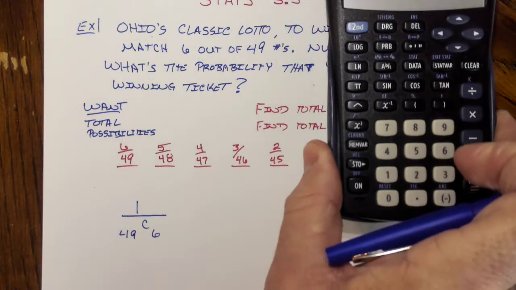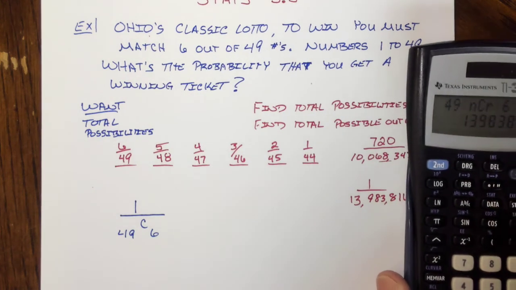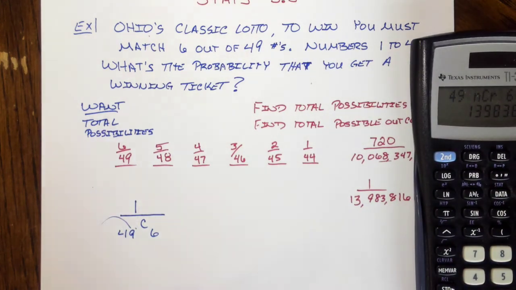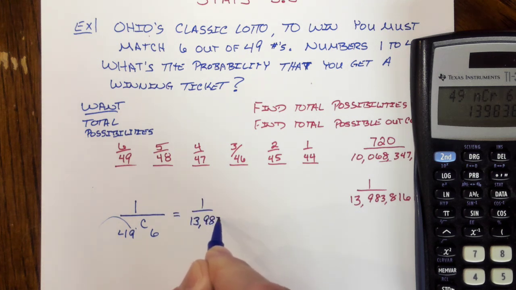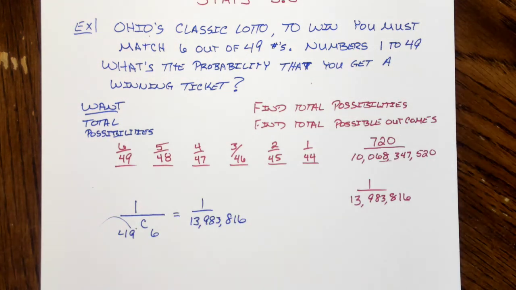So I'm saying figure out if it's a permutation or combination, get the calculator out. You're getting the same answer: 13,983,816. In other words, a small shot at winning, but use the calculator to figure it out.